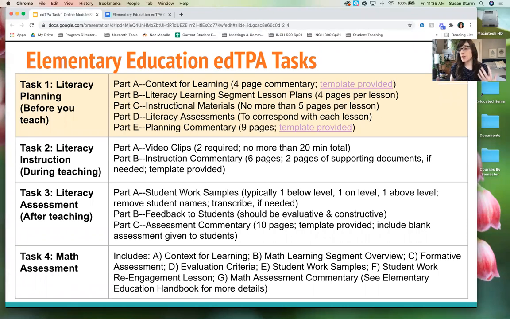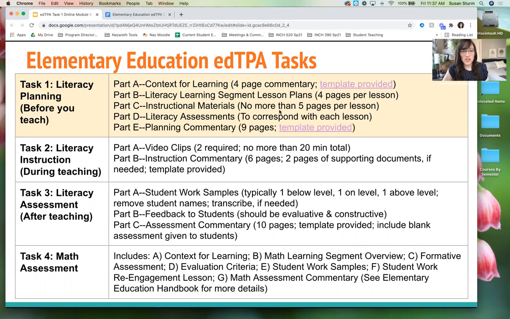So if you're submitting 3 lessons, you've got 12 pages to work with. And when I'm scoring, I often see students whose first lesson is 4.5 pages, but their second lesson is only 3. As long as it balances out to 12, you should be okay. You should not have 6-page lesson plans though.